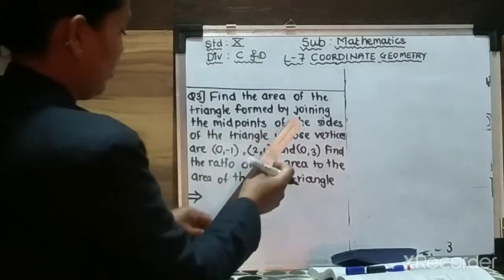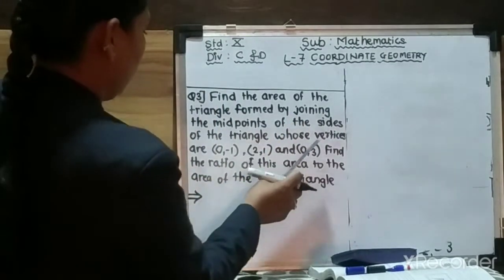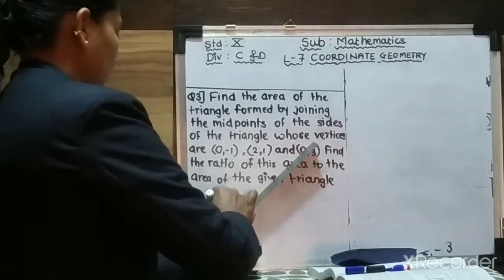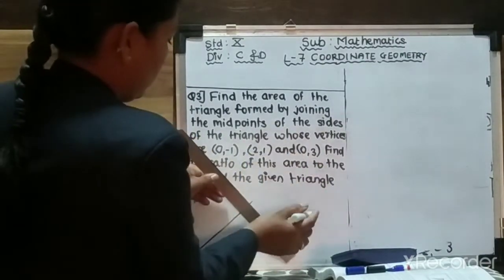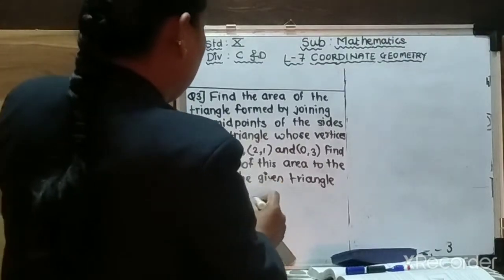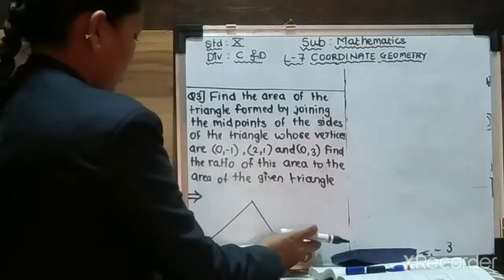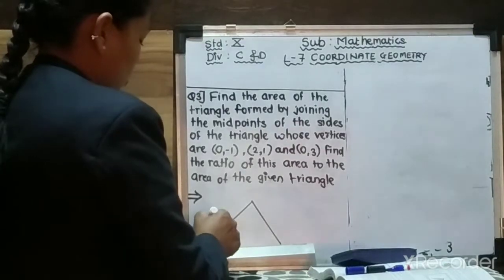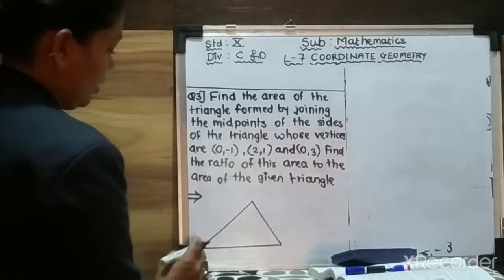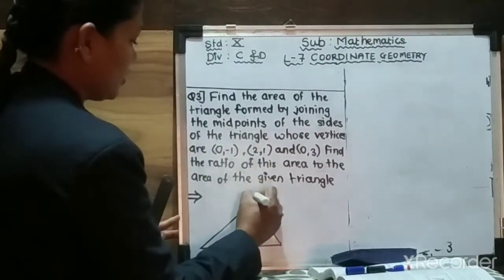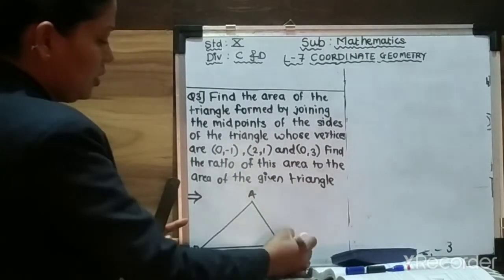So we'll first draw a figure of a triangle. Now this figure, we will label it as A, B, C.